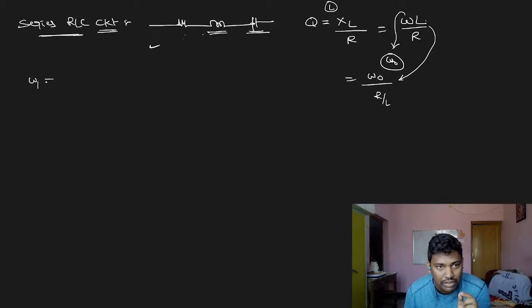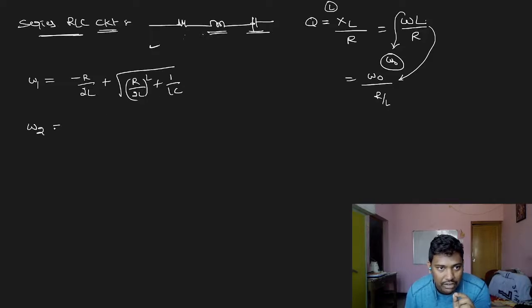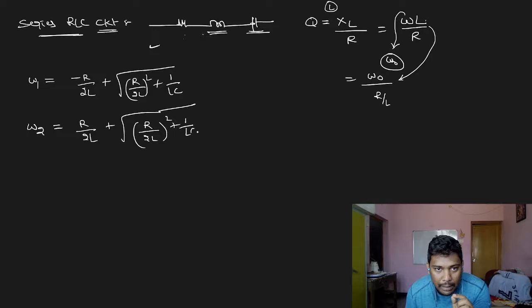The lower cutoff frequency will be minus R by 2L plus root over R by 2L whole square plus 1 by LC, and the upper cutoff frequency will be R by 2L plus root over R by 2L whole square plus 1 by LC.